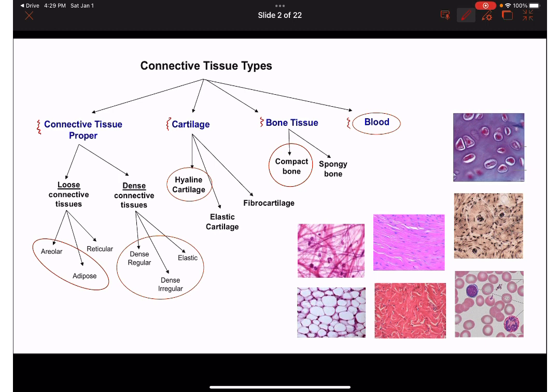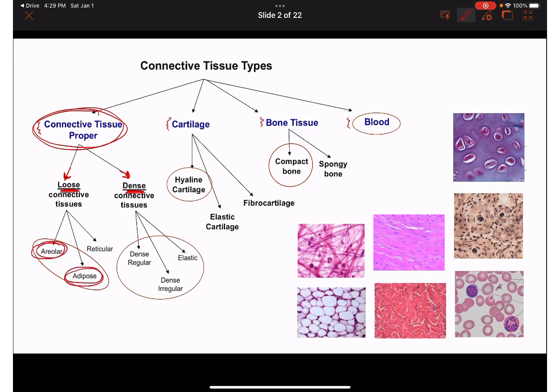The first category is called connective tissue proper. And even within this, there's 2 different categories of connective tissues. There's loose connective tissues and dense connective tissues. Some examples of loose connective tissues are areolar tissue and adipose tissue.